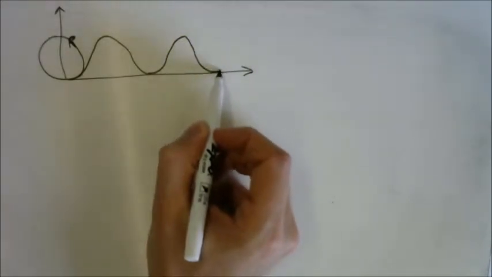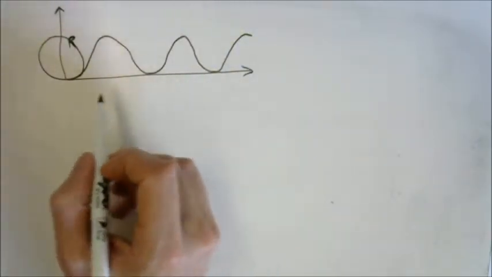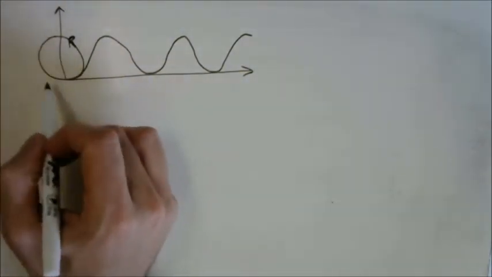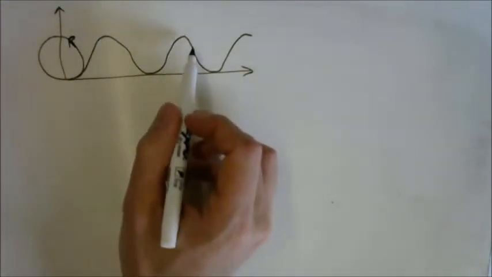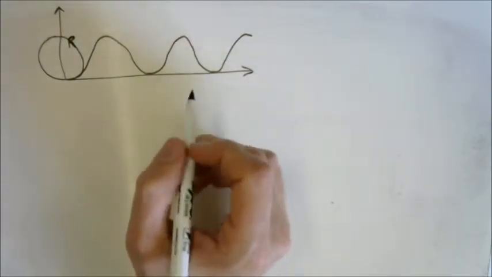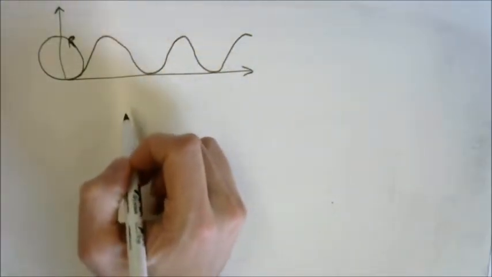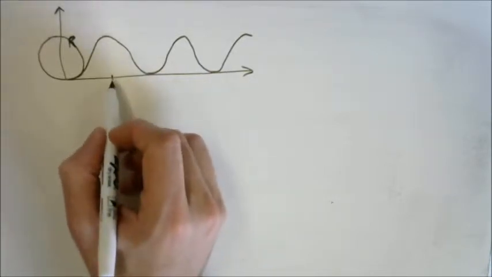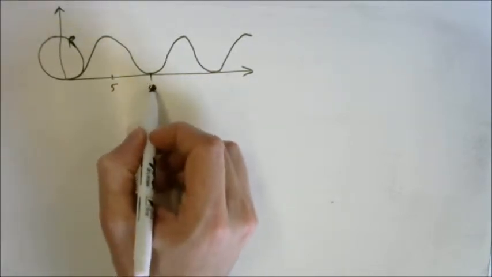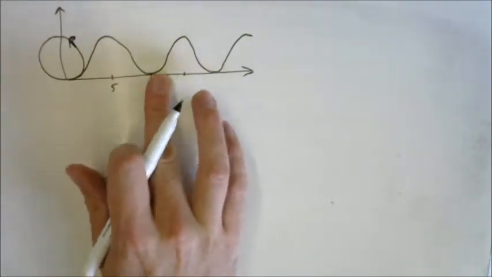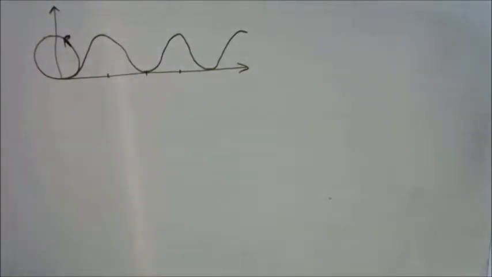As it goes around, it's going up and down and up and down. So this just tells us the vertical position of the rod over time. Maybe at 5 seconds it's at the top, at 10 seconds it's at the bottom, and at 15 seconds it's at the top again. We don't know, so I'm going to take those numbers away, but this is essentially what's happening.